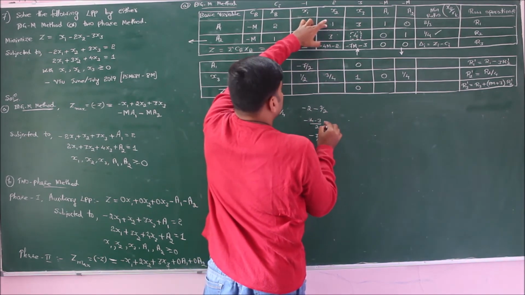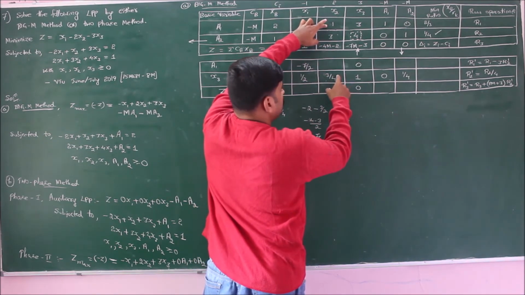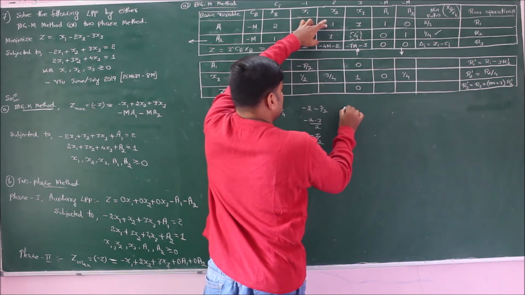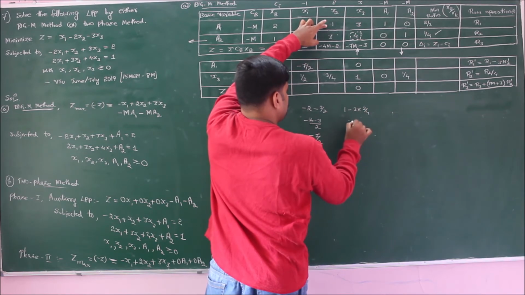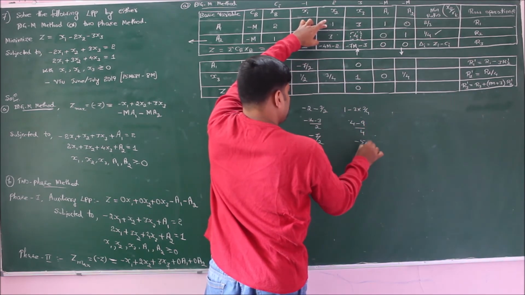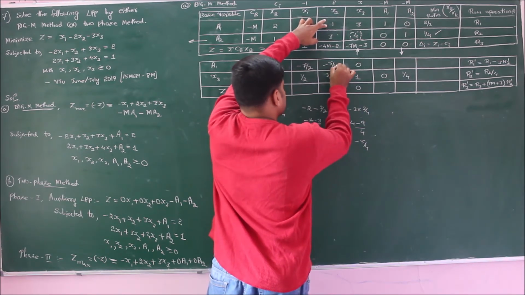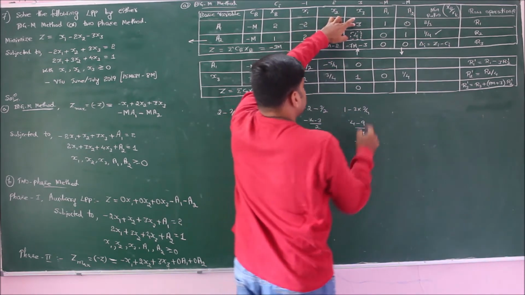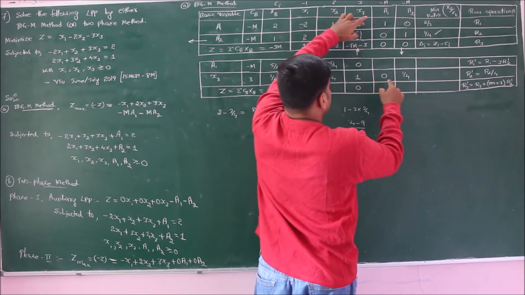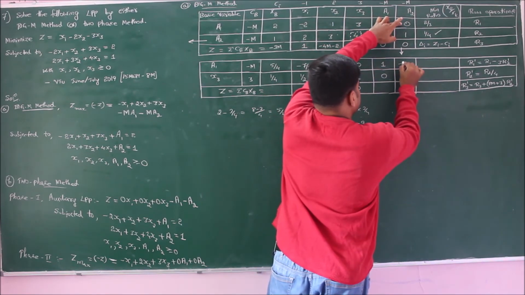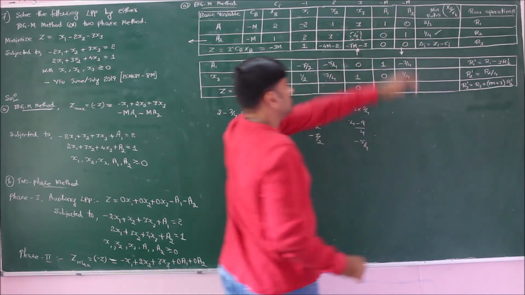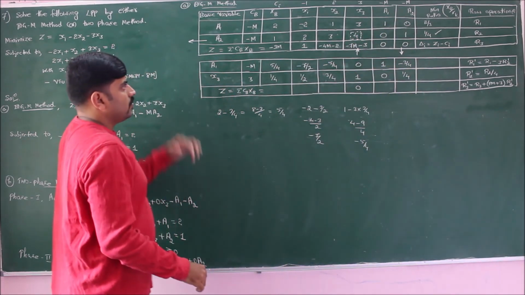Coming over here, we have 1, and here we have 3 by 4. It is 1 minus 3 into 3 by 4, so 4 minus 9 by 4, it is minus 5 by 4. Here we have 3, here we have 1, it will become 0. So it is 1, 0, minus 3 by 4. This completes the row 1 calculation.